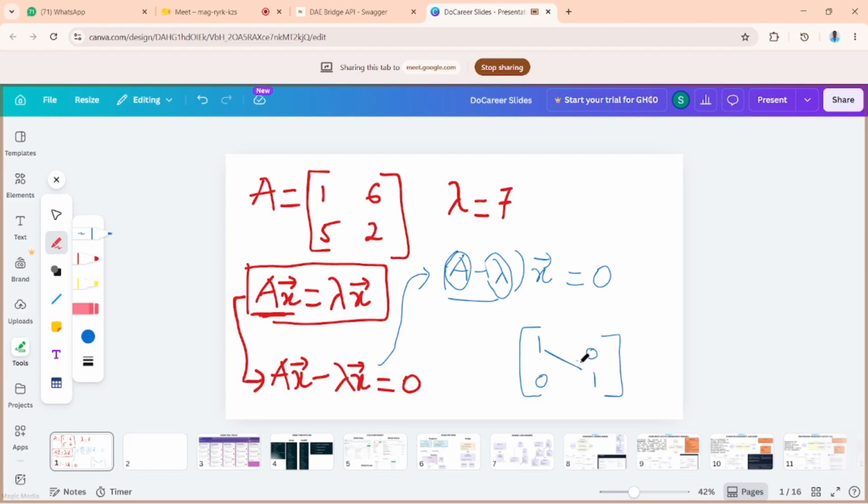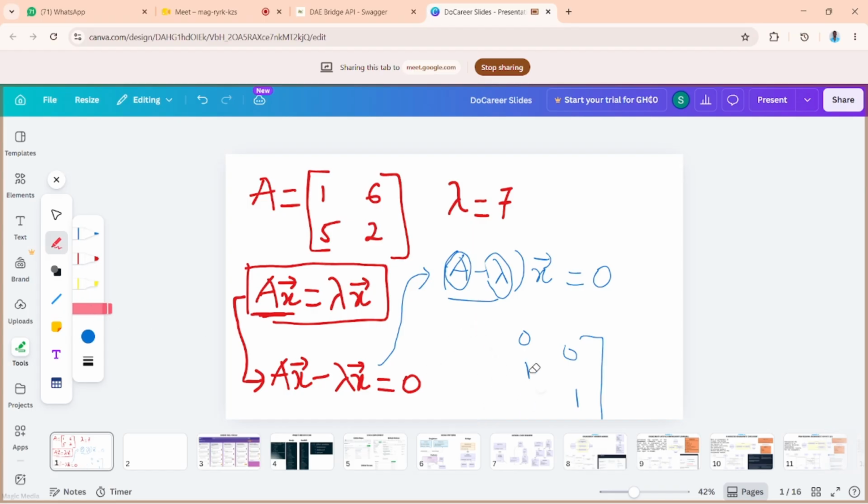The diagonals are 1s and every other thing is 0, and it should always be a square matrix. I can have a 3 by 3, with 1s on the diagonal and 0s everywhere else. So this is an identity matrix for a 3 by 3 matrix. That's what we need to keep in mind.